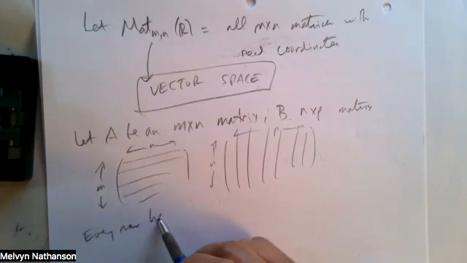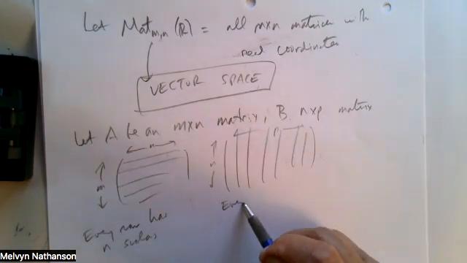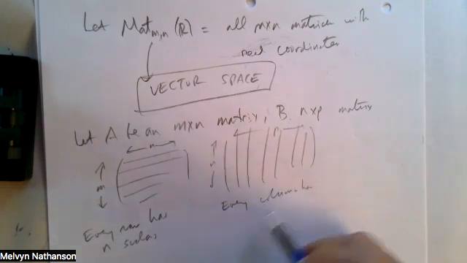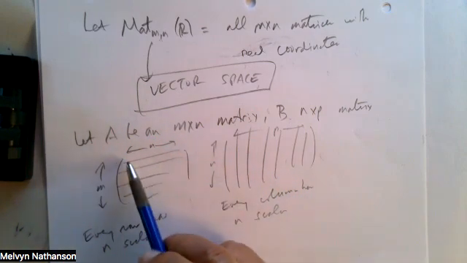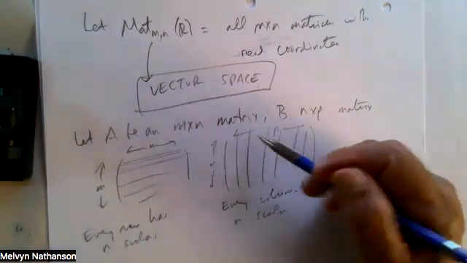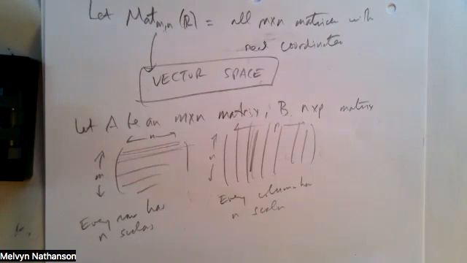So you have N numbers going across every row in A, and N numbers going down every column in B.